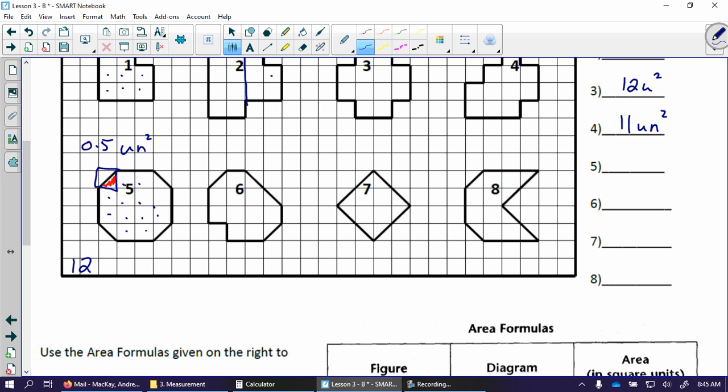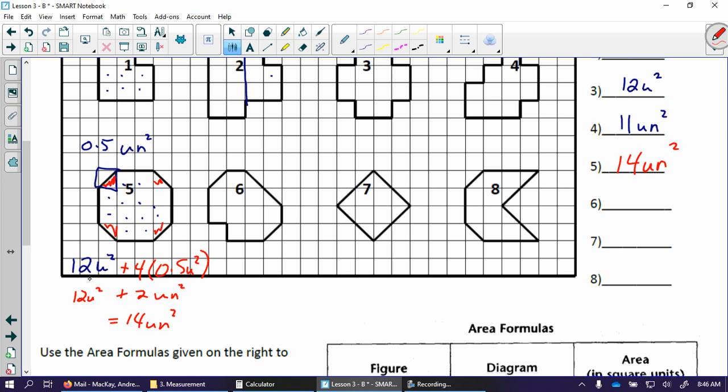So we have 12 full units squared, and we have 1, 2, 3, 4 halves. So 4 halves is 2. So 12 units squared plus 2 units squared. So figure 5 is 14 square units.